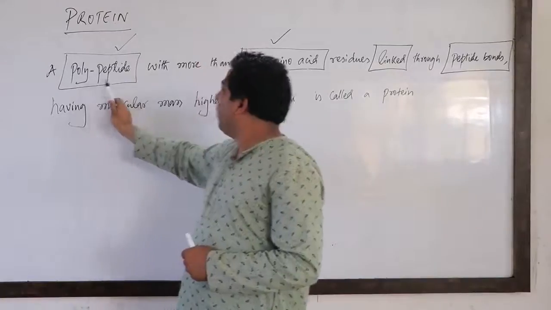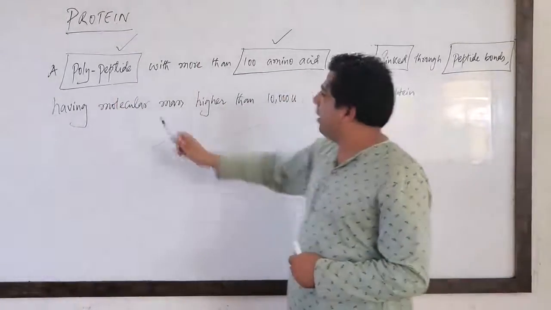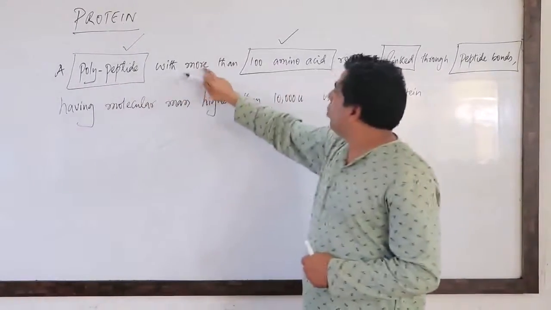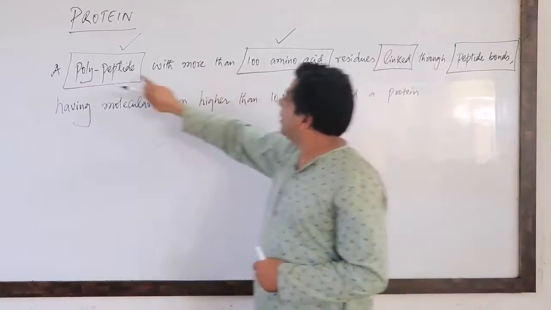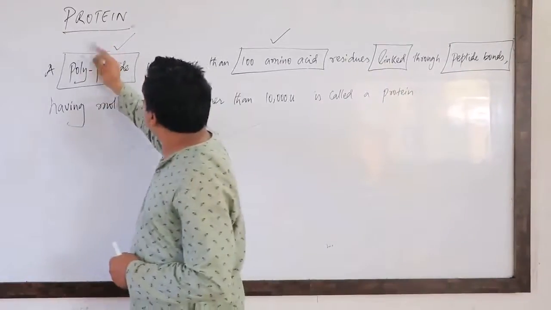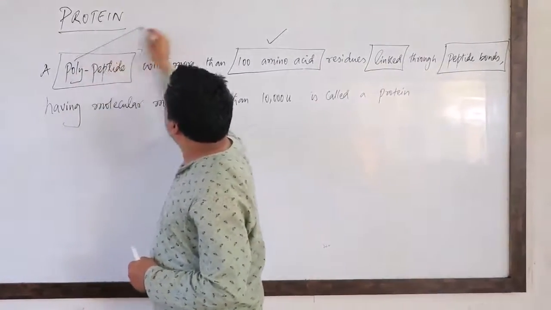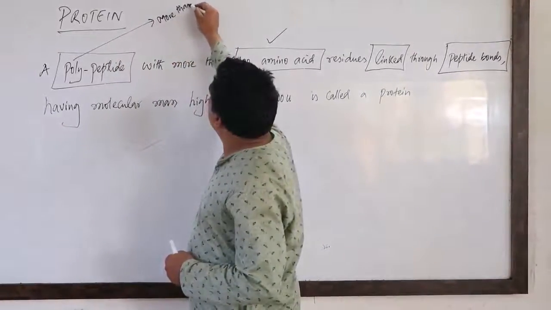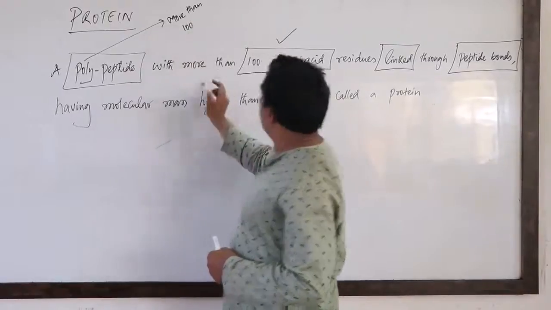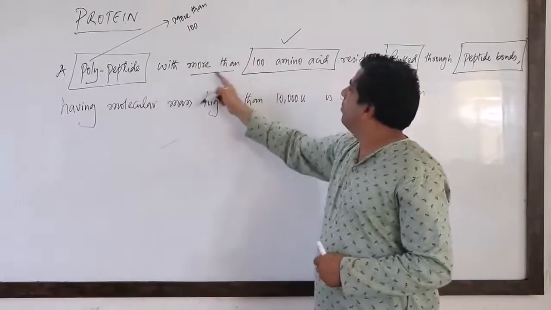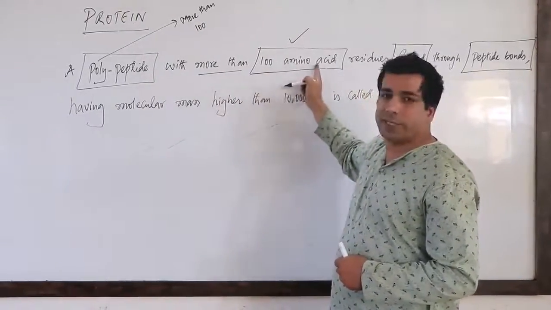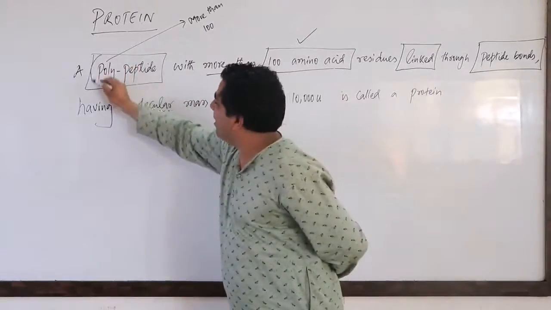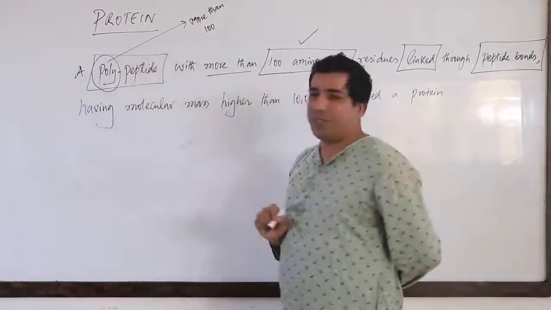But here the term poly actually means more than 100. In the case of a protein, the term poly here means more than 100 amino acids.